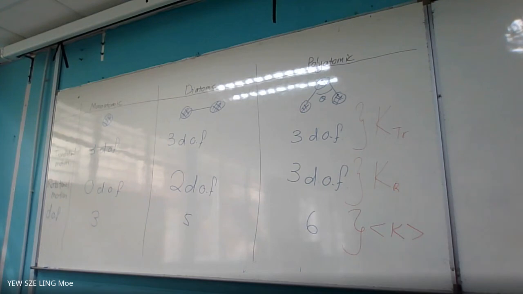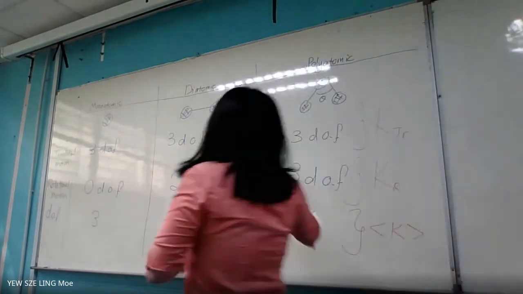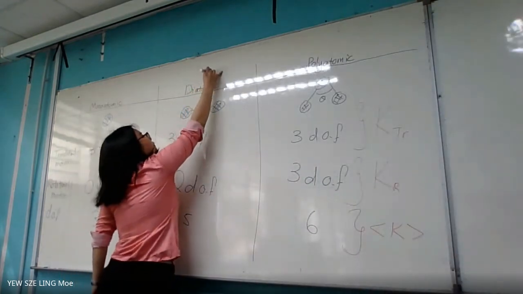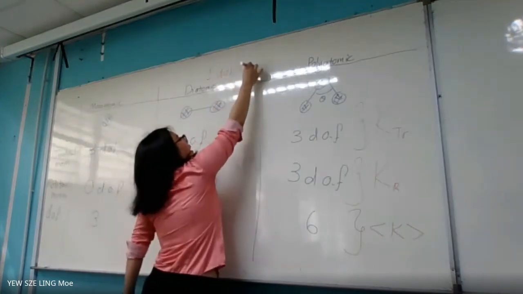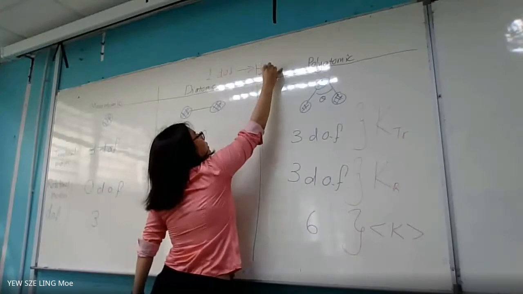It tells you the average kinetic energy stored in every single 1 degree of freedom is equal to half kT. So for every 1 degree of freedom, it consists of energy equivalent to half kT.